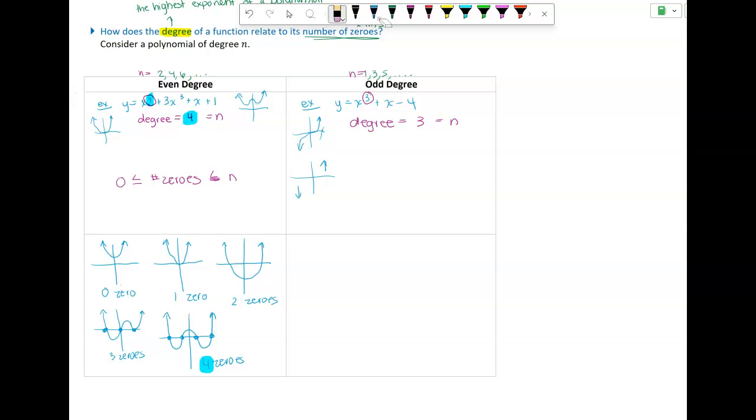So because of that, the odd degree restriction is that the minimal amount of zeros you can have is now 1 instead of 0. And so the number of zeros can start from 1 and reach all the way to the maximum amount, which is n, whatever high degree you have. Okay?